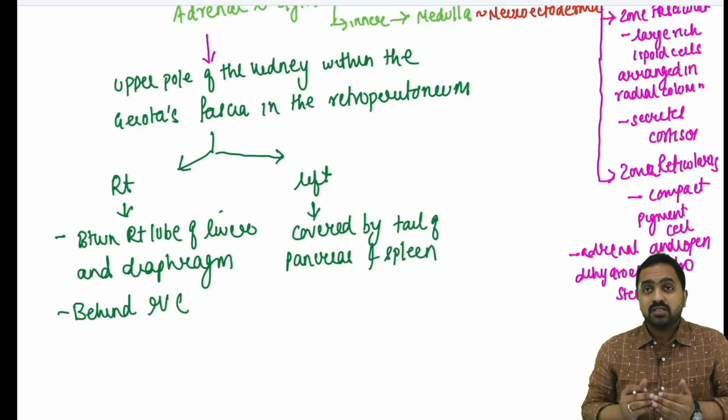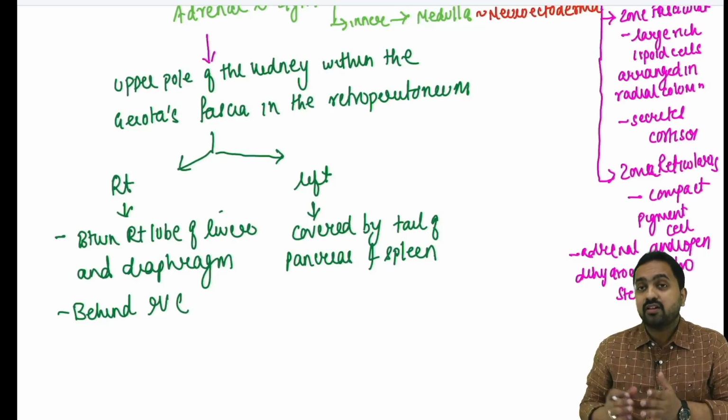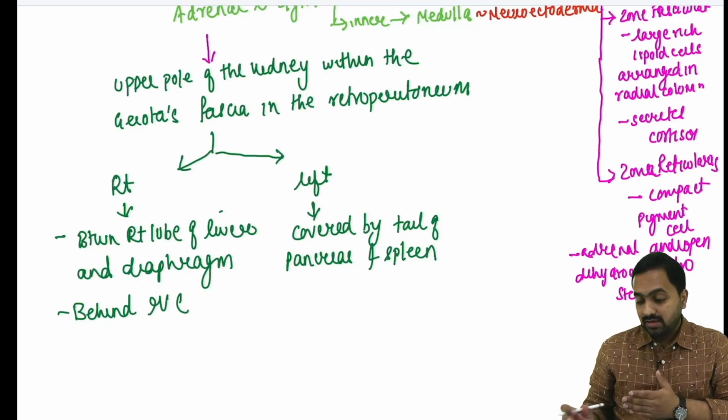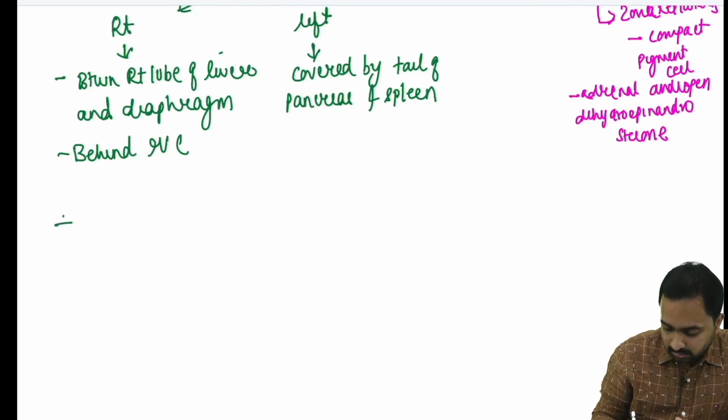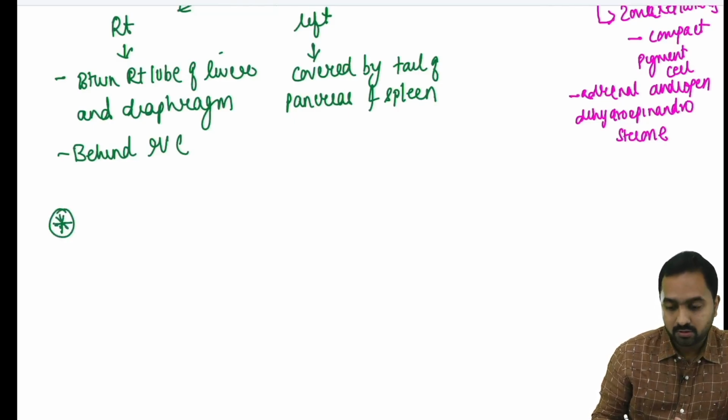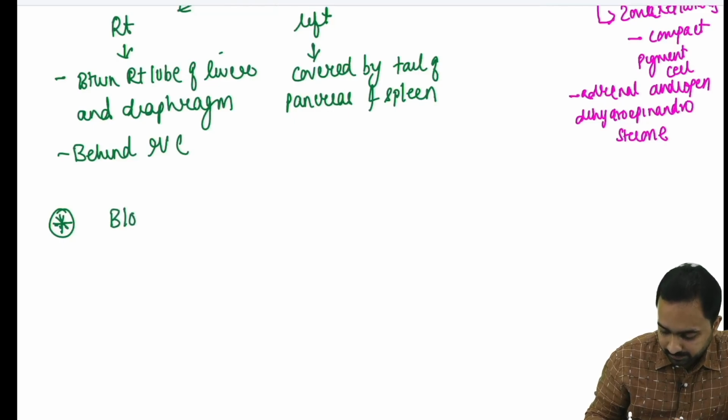This is of importance because in case of left-sided adrenal operation, there are chances of injury to the pancreatic tail and spleen. Next important concept in adrenal anatomy is regarding the blood supply.